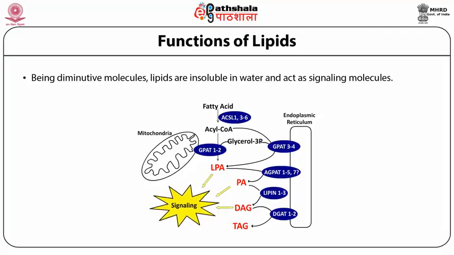They are involved in the signaling pathways. Many signaling pathways of the cell are regulated through these diacylglycerol, triacylglycerol, phosphatidic acid or lysophosphatidic acid. So this gives an indication that lipid molecules are important as signaling molecules.